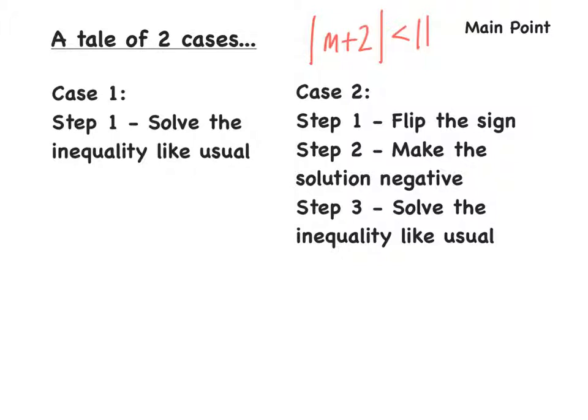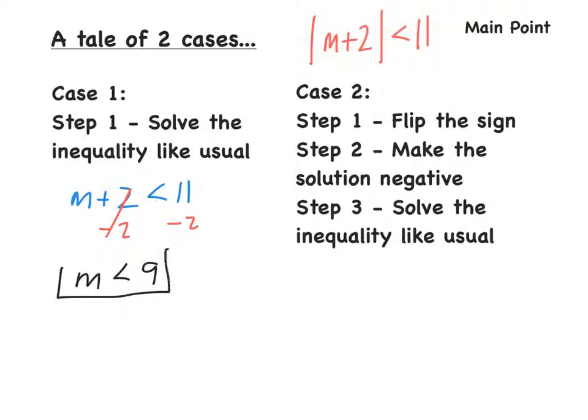So the first case, step 1, all you do, just solve this inequality like it would usually be. So if we have m plus 2 is less than 11, just to solve for m, you subtract 2 from both sides, and m is less than 9. So that's one case.